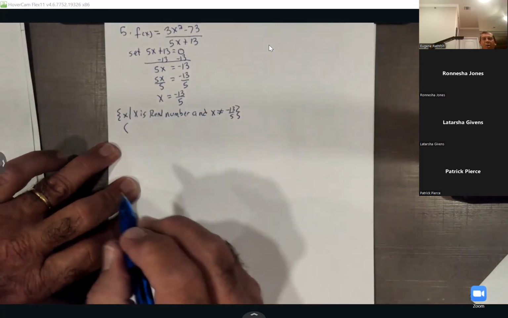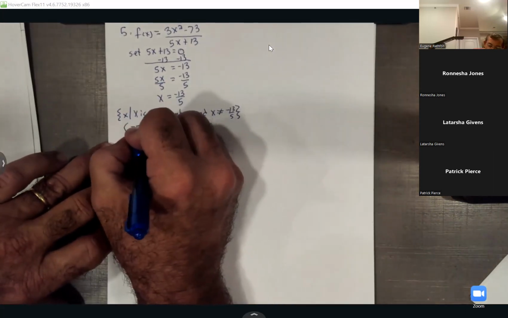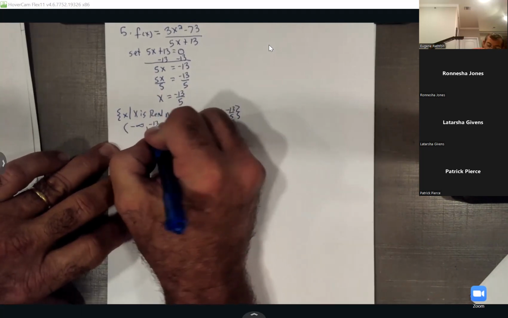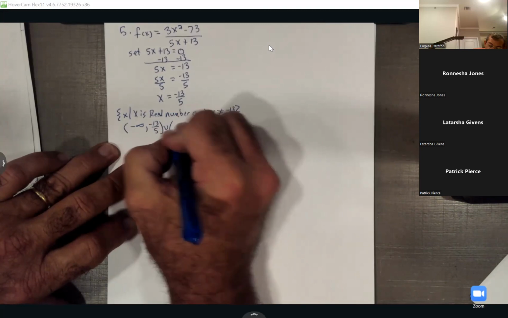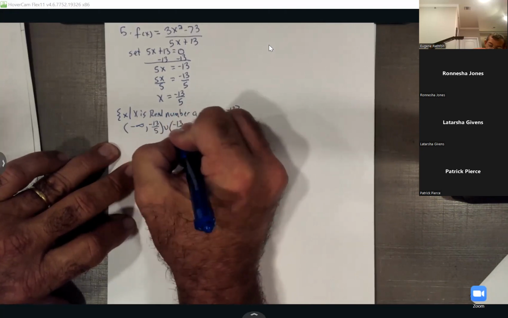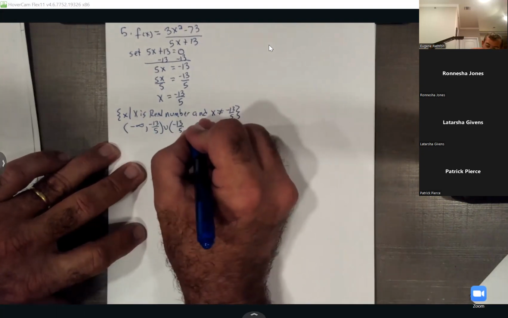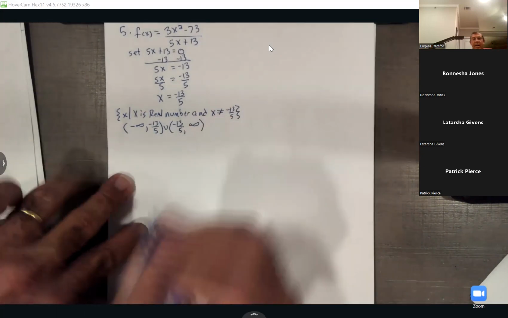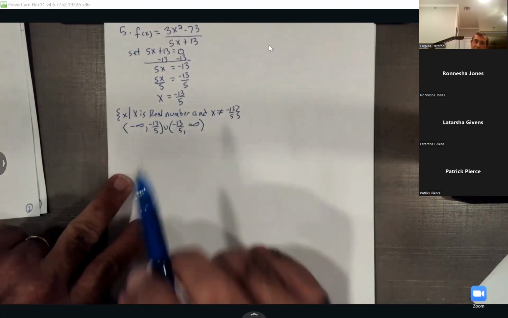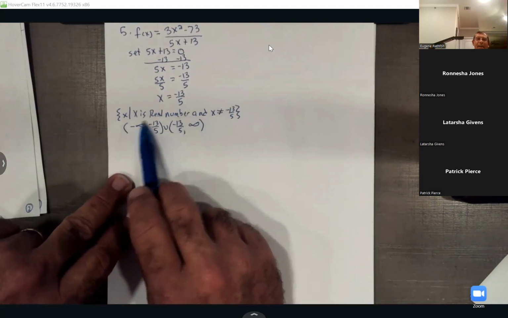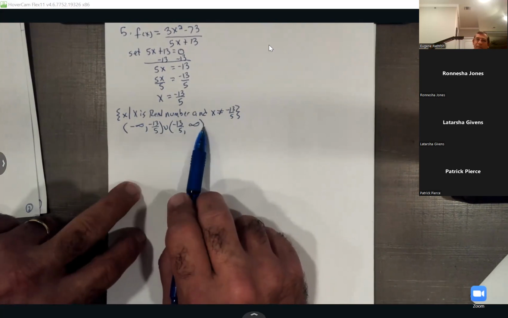And then remember, interval notation, I would start at -infinity until I hit -13/5. So we union around that. And then the only number I'm picking out, so from here I'm headed towards my positive infinity. So y'all in 5.1, when you do the domain, they better start at -infinity and end with a positive infinity, okay?